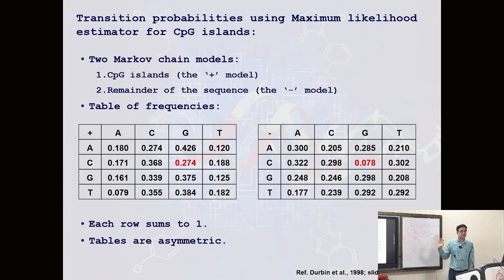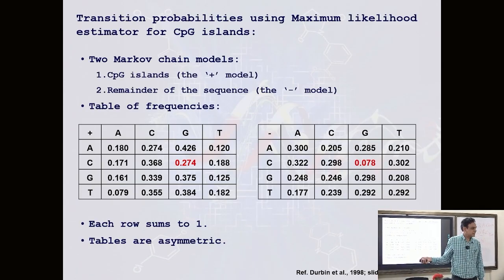Otherwise, non-CPG sequence. The idea is simple: if this sequence has tons of CGs, then there would be tons of values 0.274 in the numerator and tons of 0.074 multiplied with each other in the denominator, and this is much higher than this, so the numerator becomes greater than the denominator.